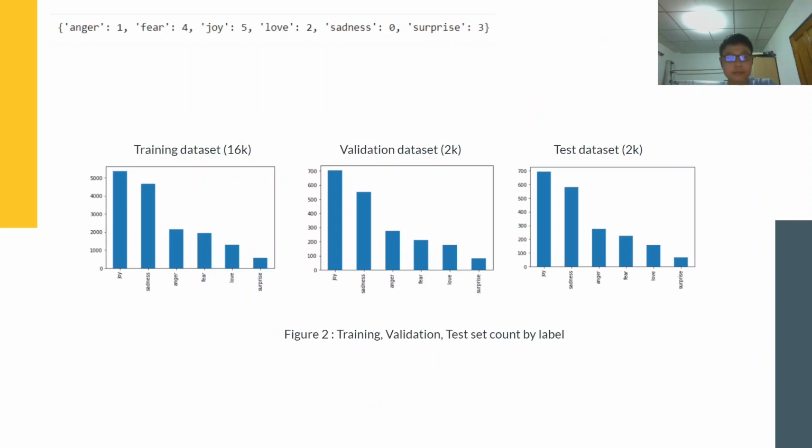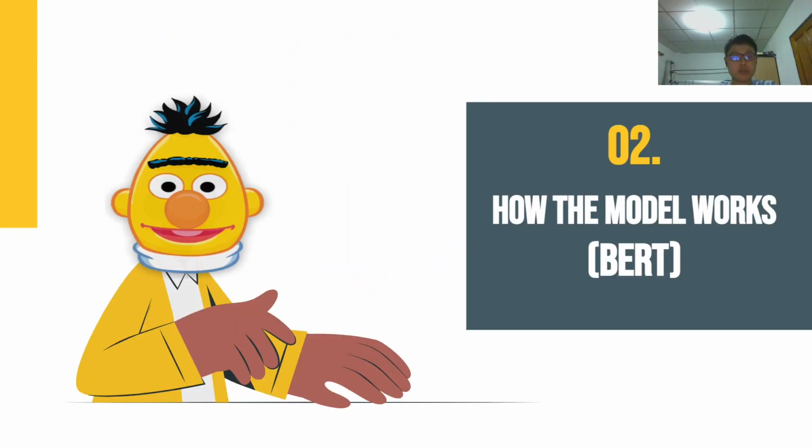Next, we want to check the size of the training, validation, and test sets, to make sure they are balanced and fair to use. The results show that the label count of each is proportionally balanced, so it is ready to use.